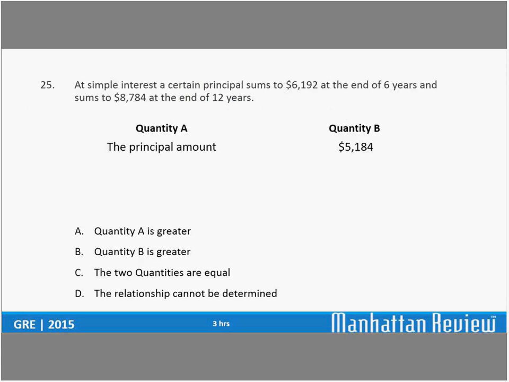This one is the last one in this handout. Let us finish. At simple interest, a certain principal sums to 6192 at the end of 6 years. Means in the beginning there is some value X, and after 6 years it became 6192.